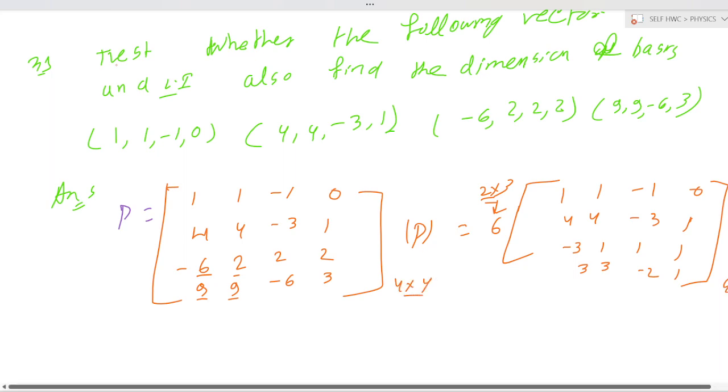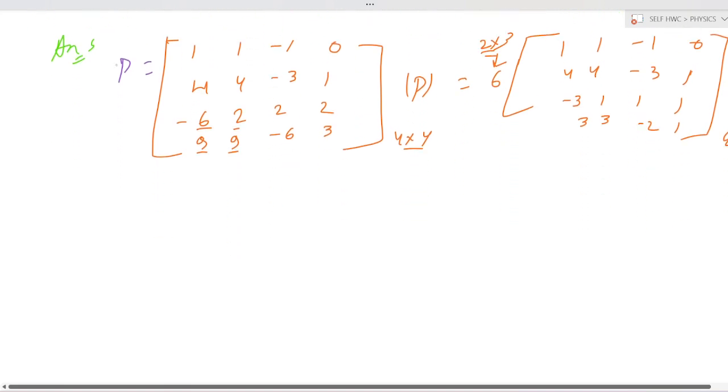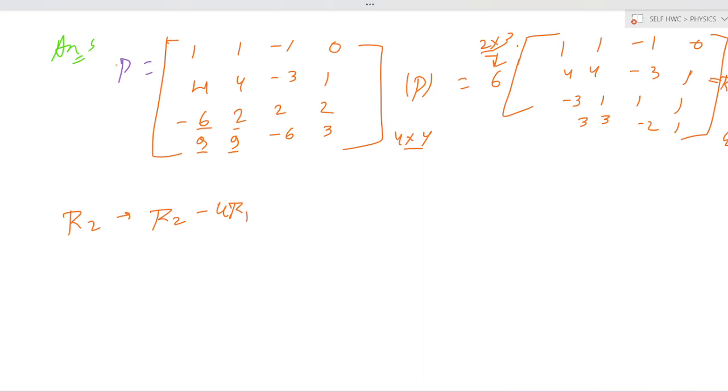Next you apply row transformations: R2 minus 4 R1, R3 plus 3 R1, and R4 minus 3 R1.